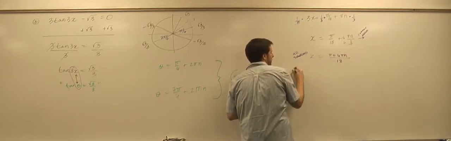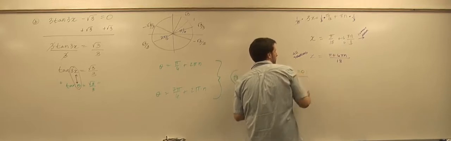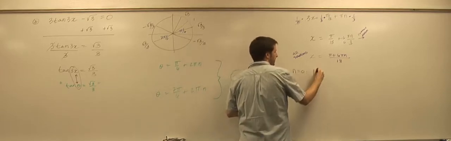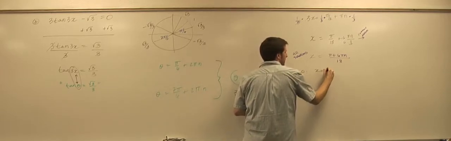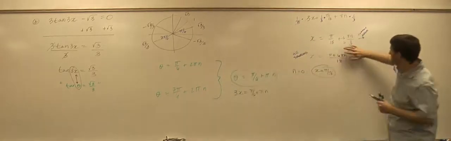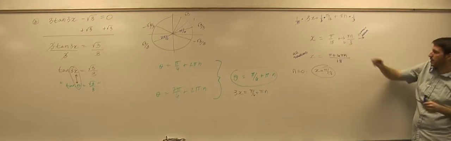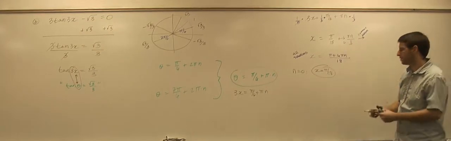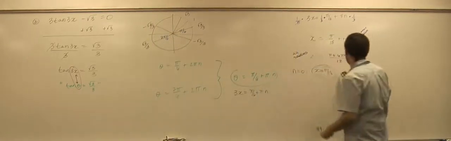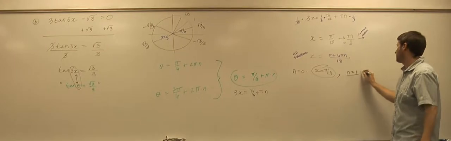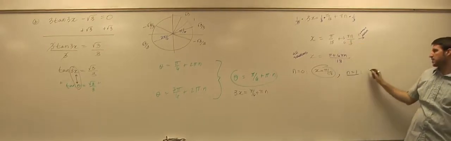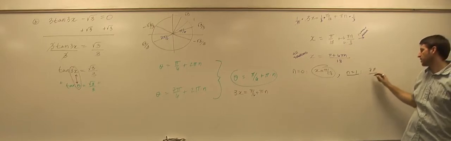And then you plug in. When n equals 0, what do you get? Pi over 18. There's the first solution, right? If n equals 0, this guy's useless. Pi over 18. If n equals 1, pi plus 6 pi times 1 is 7 pi over 18.